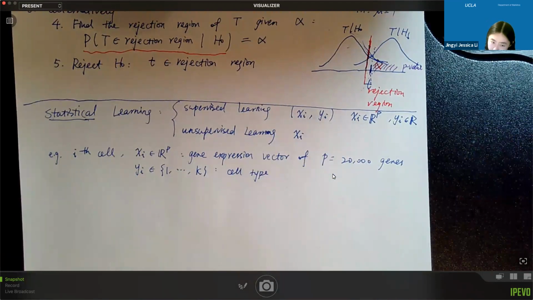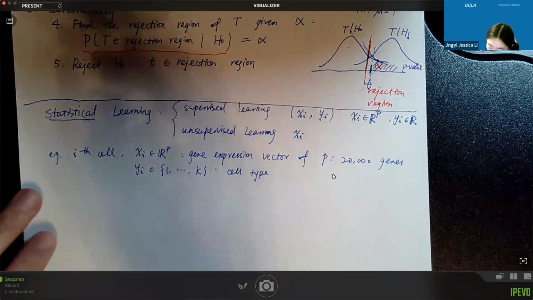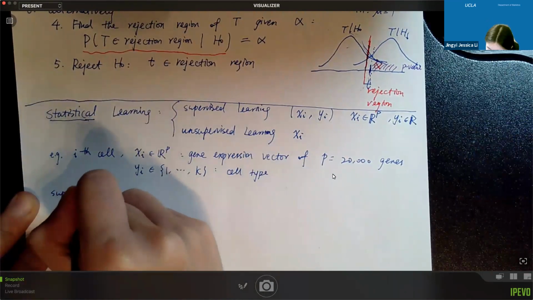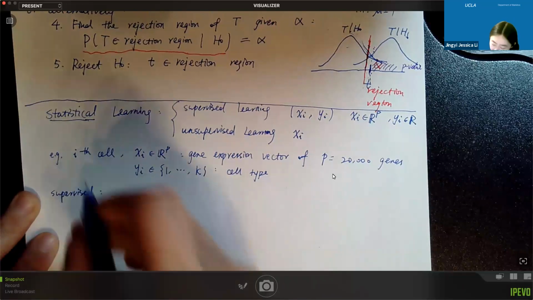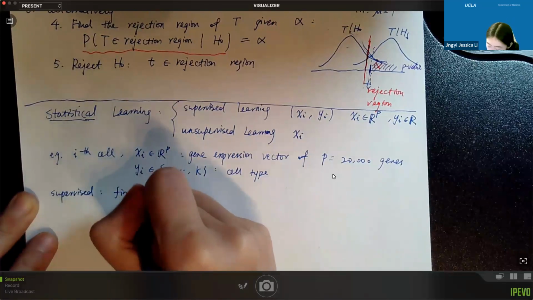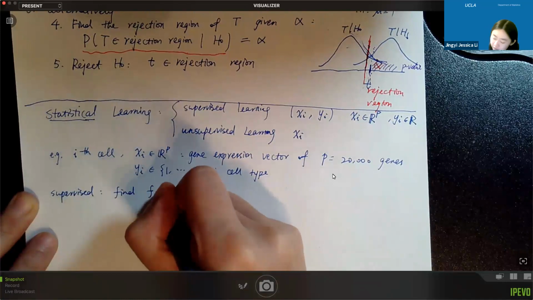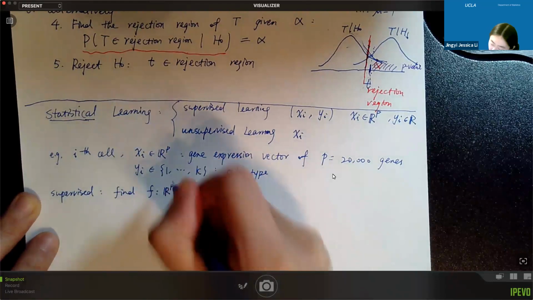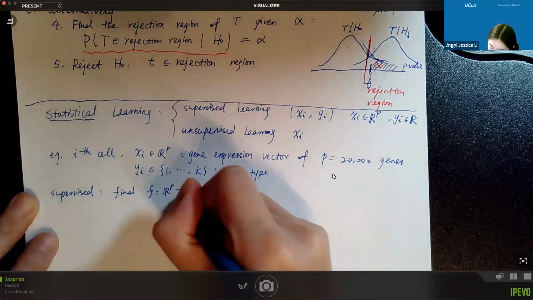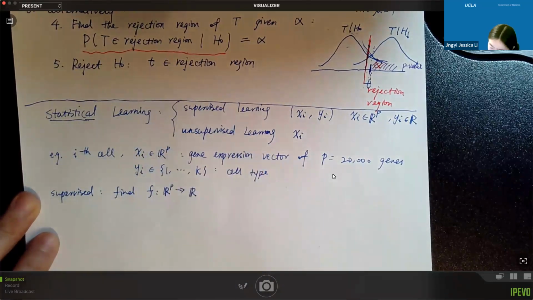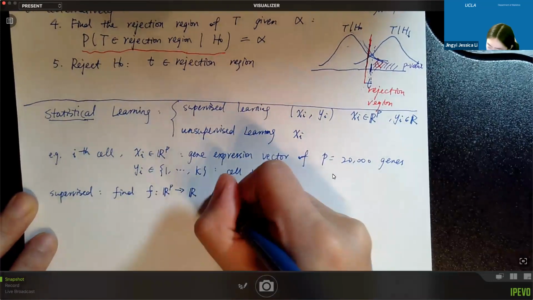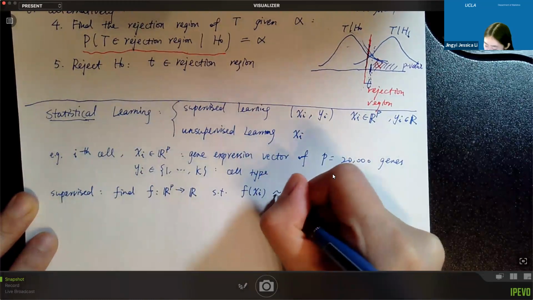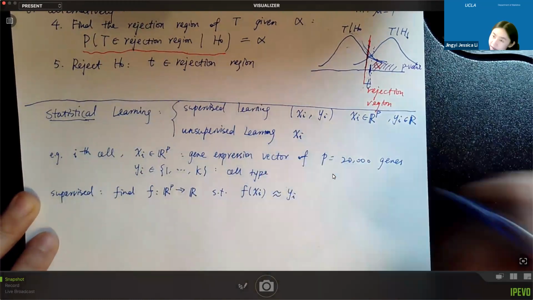In other words, we are trying to find a function f which takes a p-dimensional vector as its argument, mapping from a p-dimensional vector to a one-dimensional scalar, such that we want f(xi) to be close to yi for many i's.